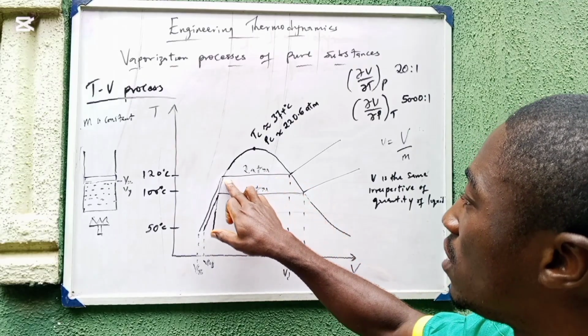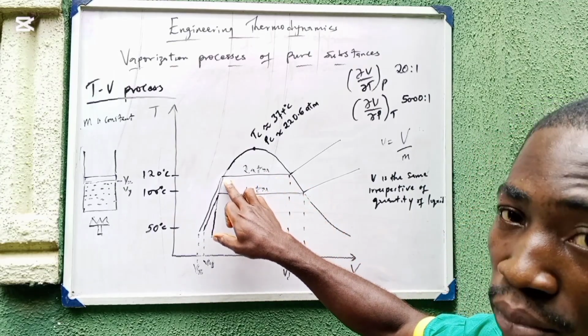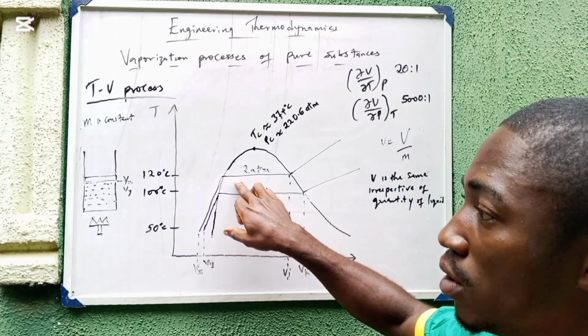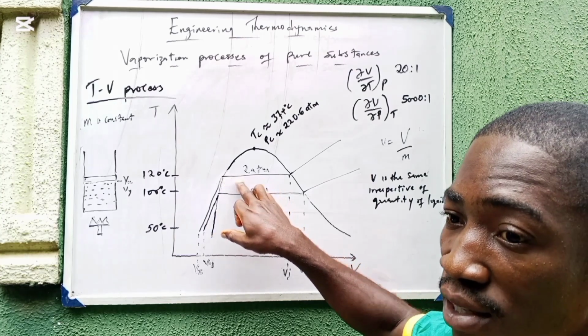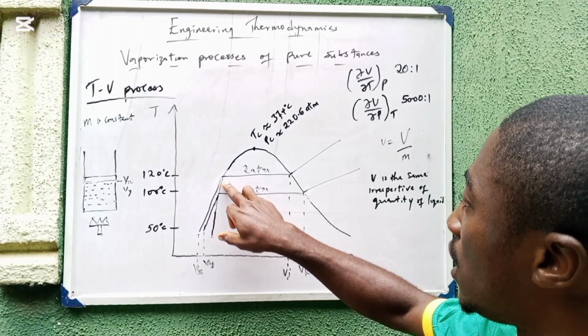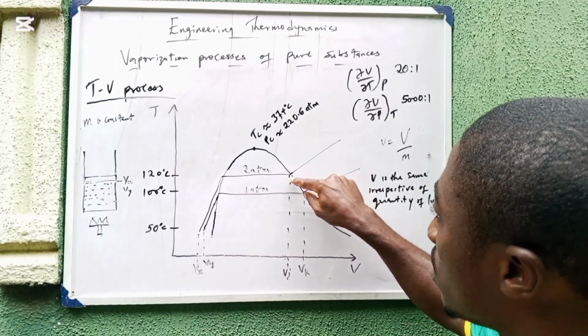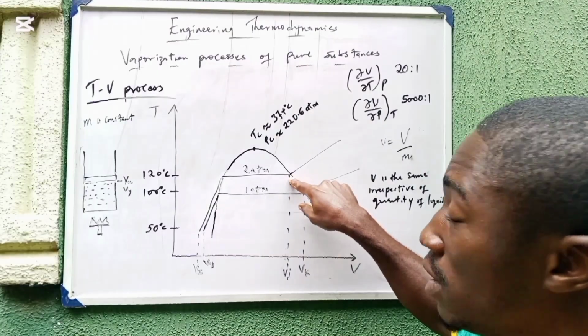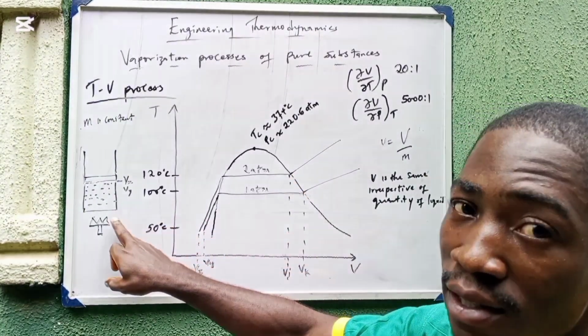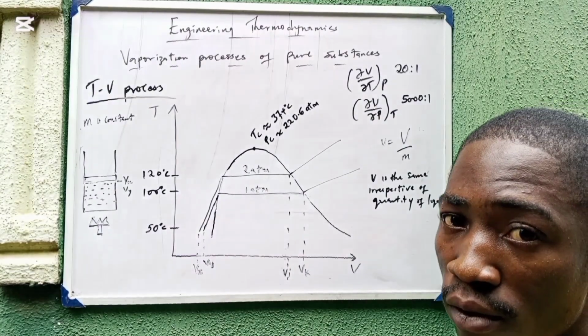So here we are having constant temperature and pressure. And volume is changing because liquid water is changing to gas, and gas would occupy a larger volume. So that keeps happening until we get to this point. That's the saturated vapor curve. So at this point, the whole liquid in the system has changed to vapor.